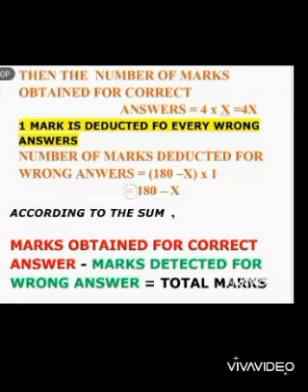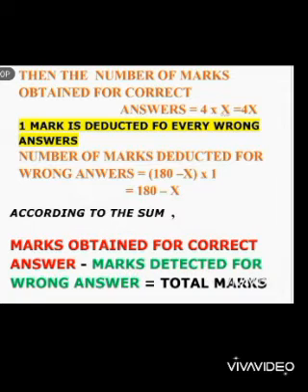Now, according to the condition given in the question, total marks scored is equal to marks obtained for correct answers minus marks deducted for wrong answers. If you subtract the marks deducted for wrong answers from the marks obtained for correct answers, you will get the total score, isn't it?